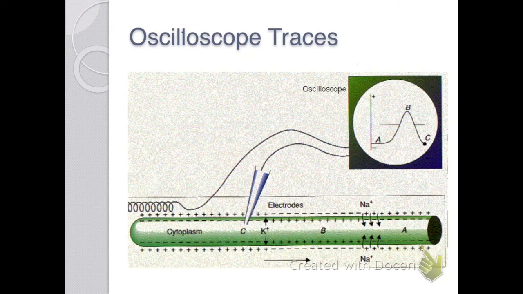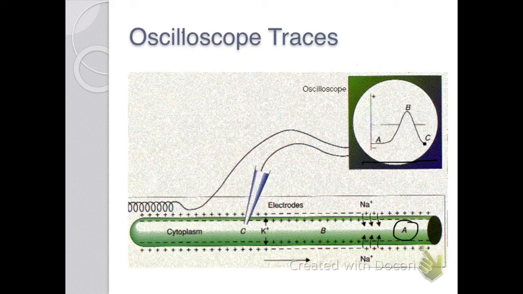One way that we can measure the state of a neuron is using an oscilloscope. An oscilloscope is something that has an electrode that can be inserted into a neuron and measure the state of the internal chemistry of the neuron. So here we get what's called an oscilloscope trace, and this is going to show us the state of polarization.